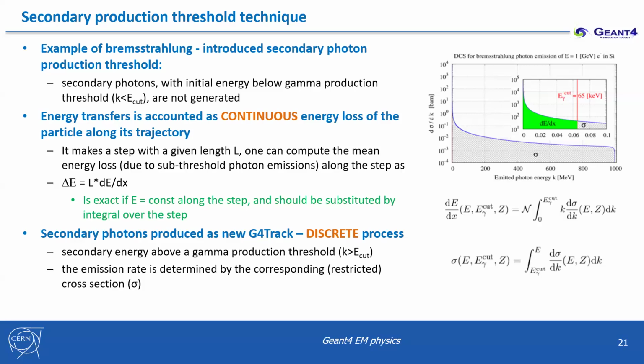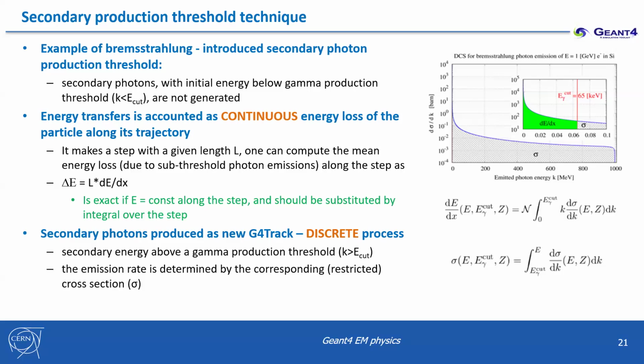Above the cut value, we produce real gammas for further tracking. And in that case, we need to compute not dE/dx, but a cross-section, which is called a restricted cross-section, and we make an integral of the differential cross-section from the cut value to the maximum.